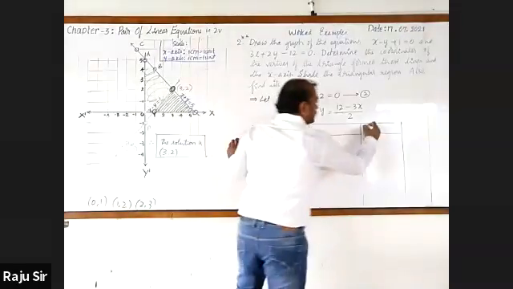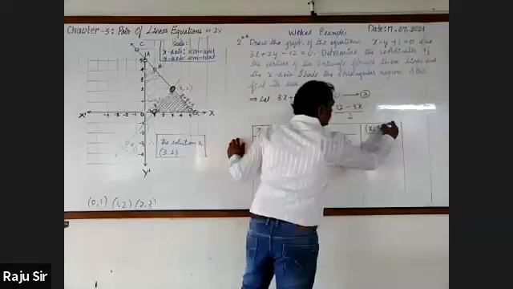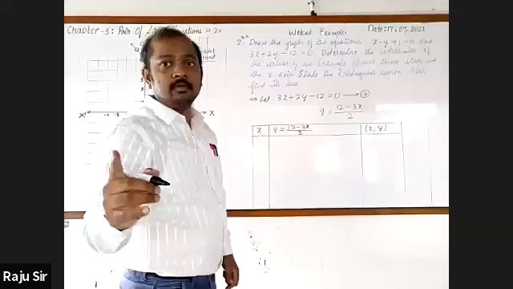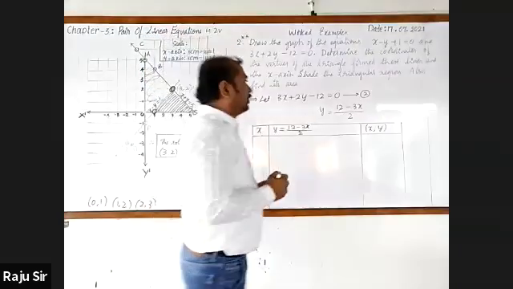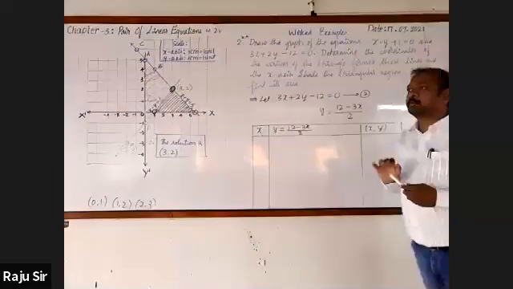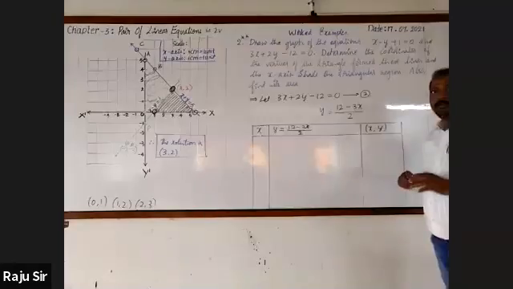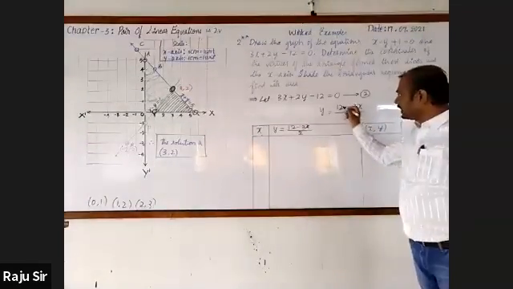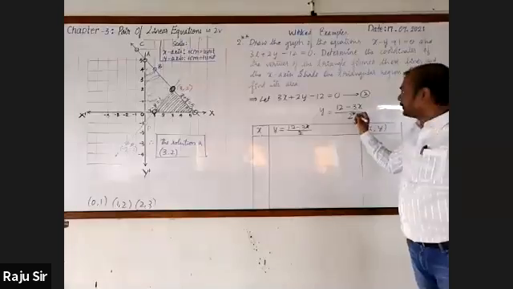Excuse me, sir, we can cancel 2 and 12 now, sir. No. This is another common mistake. Very good. Thanks for reminding. Look here. Some students will go for cancelling this. It is not at all possible.